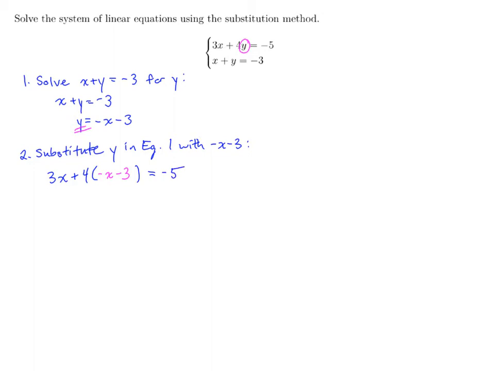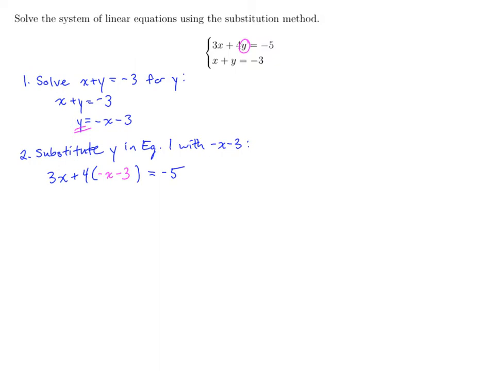Now that I have an equation of one variable, I can solve this linear equation for x. To do so, I have 3x plus 4 times that quantity, negative x minus 3, all equal to negative 5. So I'll need to simplify that left-hand side in order to isolate x.